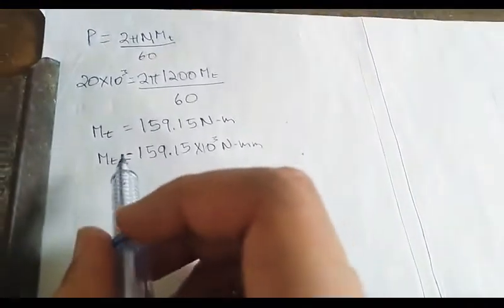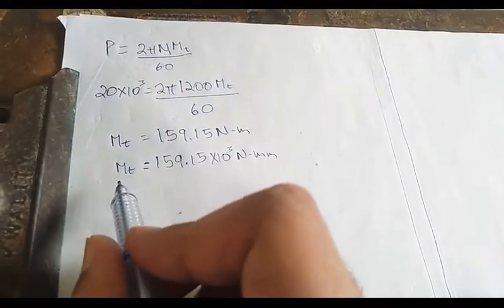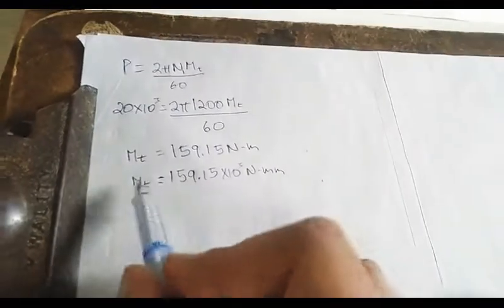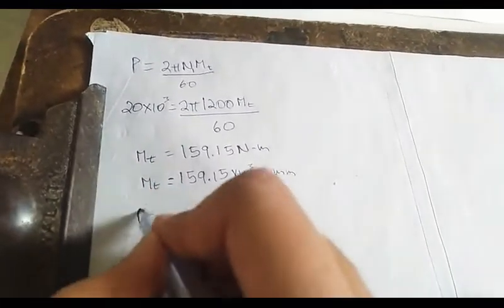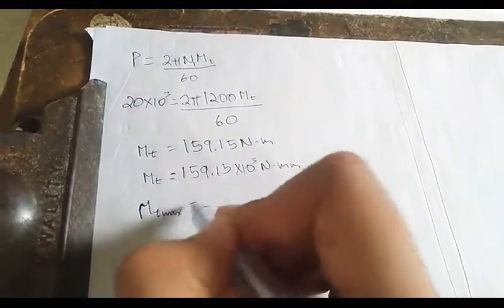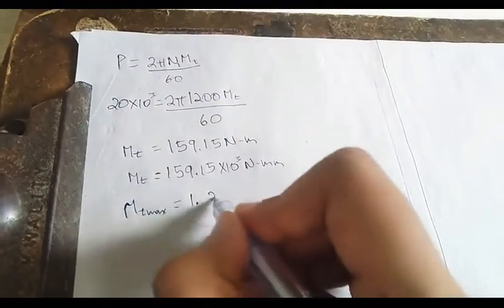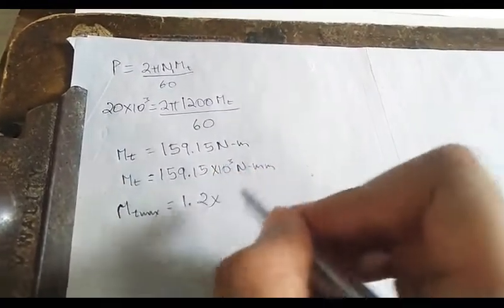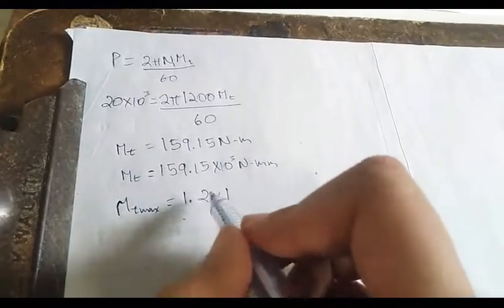They have given that the maximum torque is 20% more than the nominal torque. So this is nominal torque and the maximum torque is 20% more, that is 1.2 times this value. So we shall multiply by 1.2.